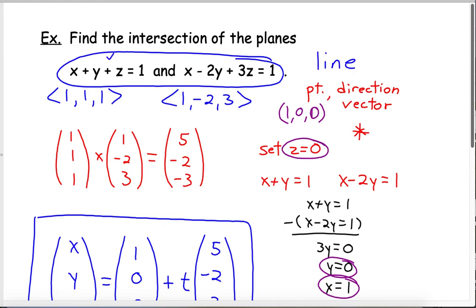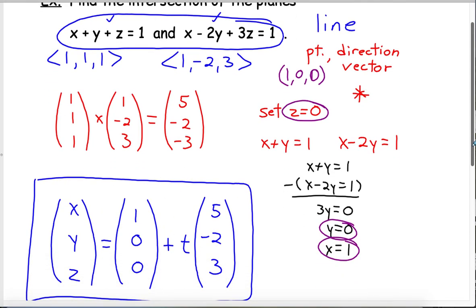It works in the equation of that plane, and it's also in that plane. So I know the point 1, 0, 0 is in both planes. I found my direction vector by doing the cross product of the normal vectors of the planes, which gave me a vector that's parallel to the intersection of the two planes. And with those two pieces of information, I was able to write my solution, which is a line.